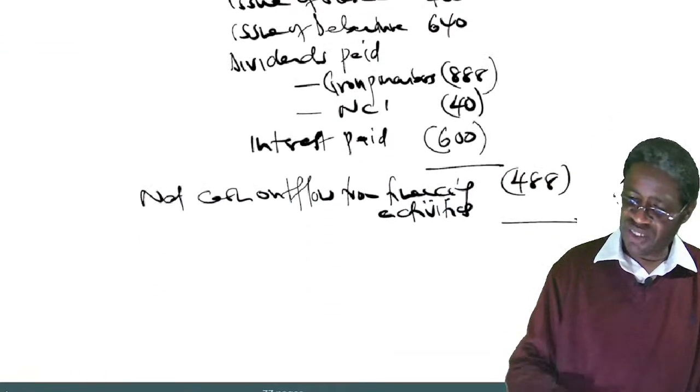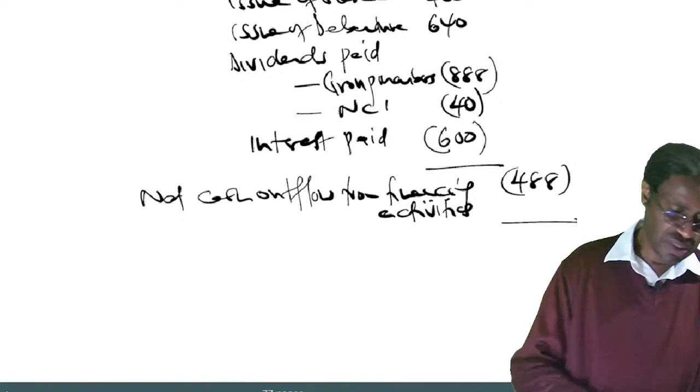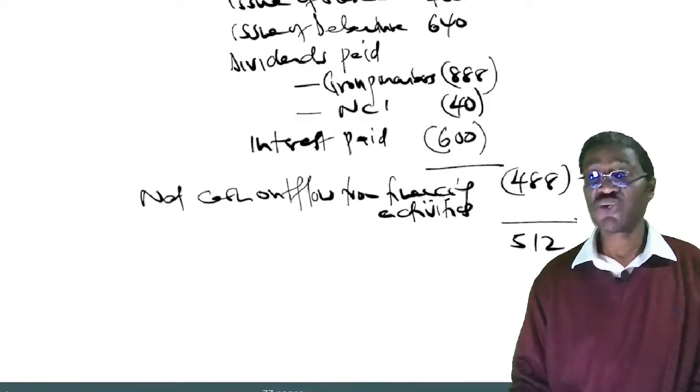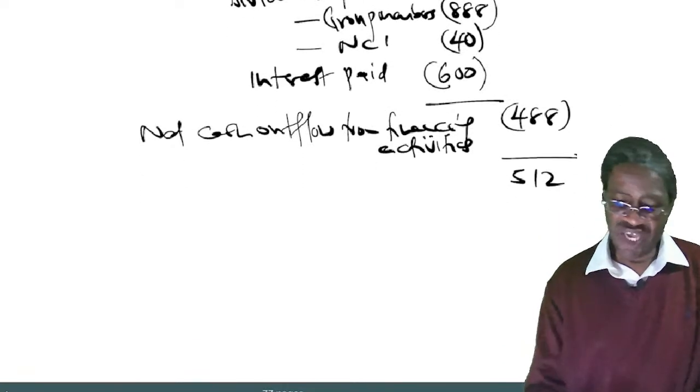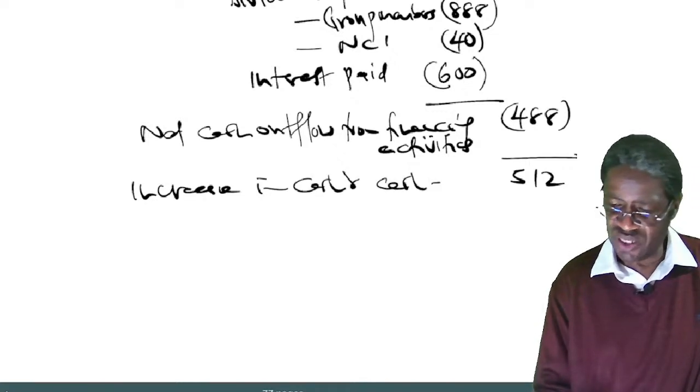Then financing is another negative 488, I minus 488. I'm remaining with a positive balance of 512, sorry.